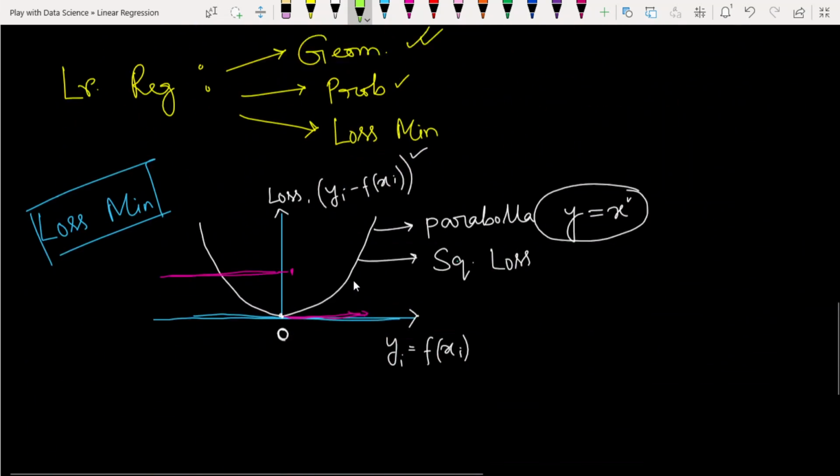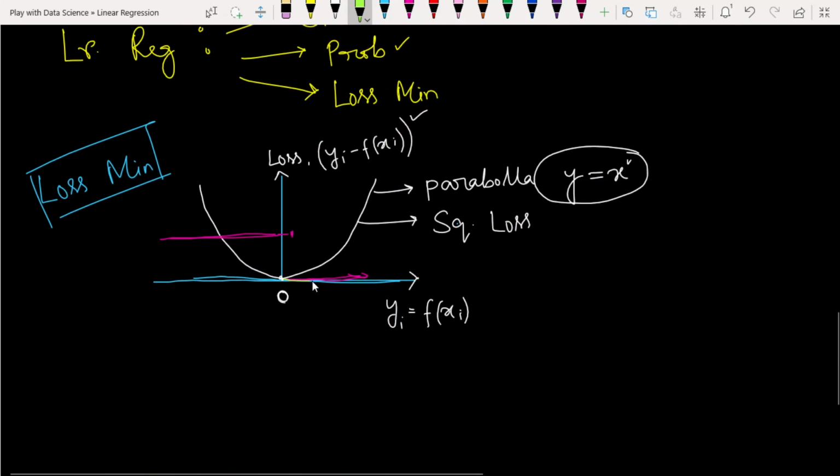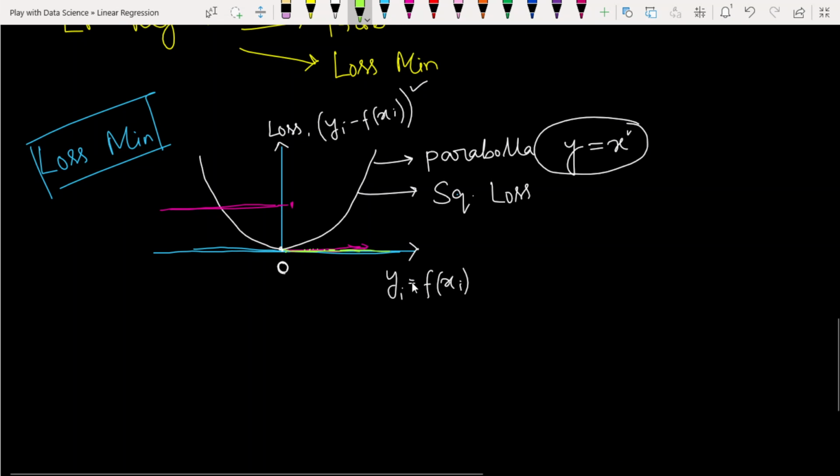This is the predicted value f of xi, and yi minus f of xi is the error term.